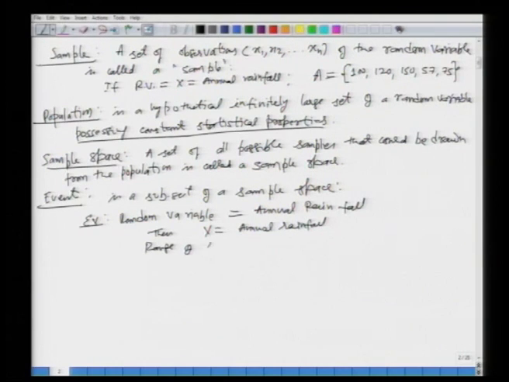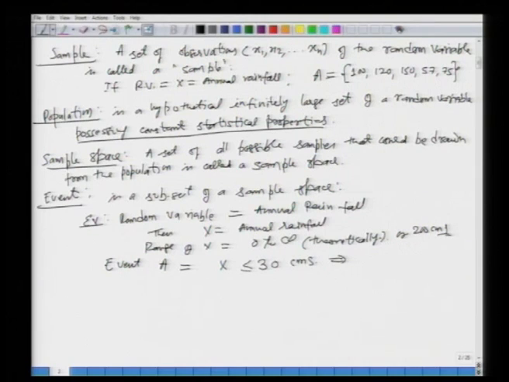Well, range of x, let us say, is between 0 to some maximum value. Theoretically, it is infinity, but practically it would be the maximum value which has been observed, which may be annual value of 200 centimeters or something like that. Then you may want to define an event A such that this annual rainfall x is less than or equal to 30 centimeters.